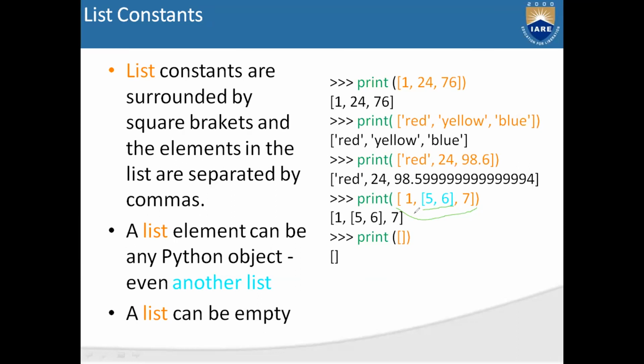So any data type can be included as a part of my list elements. When I am using this print statement, I'll get my original list, and within the list 3 elements are there. First one is 1, second one is 5 6 list type, and third one is 7. So all these 3 elements have been printed.